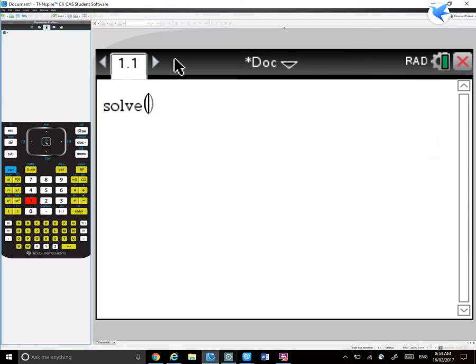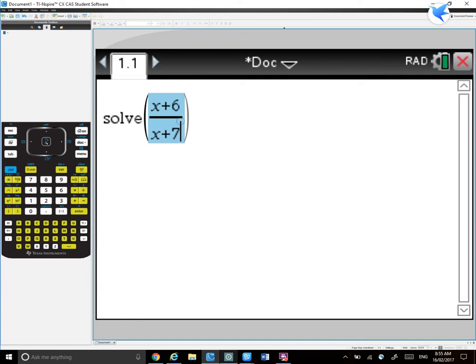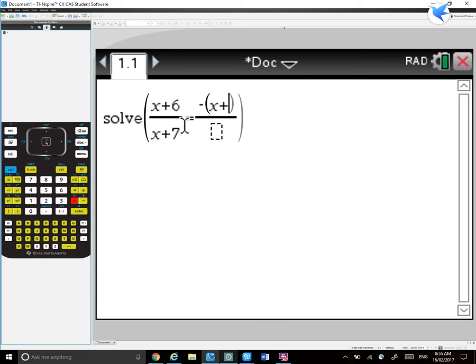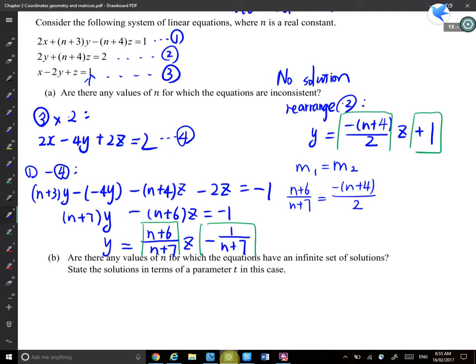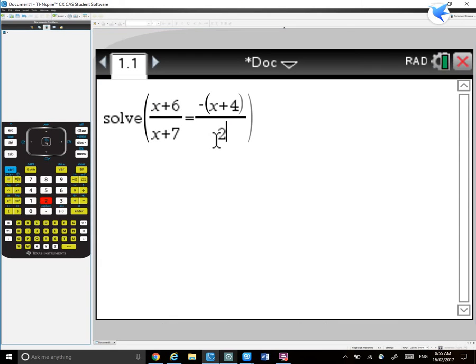And we have (x plus 6) over (x plus 7) equals minus (x plus 4) over 2, comma x.